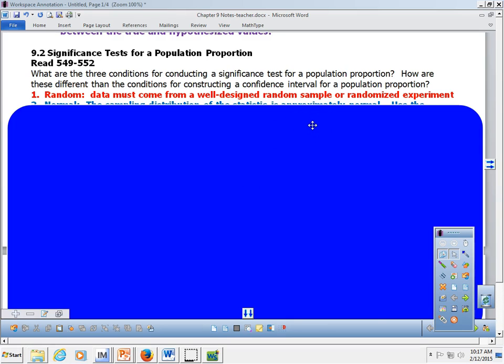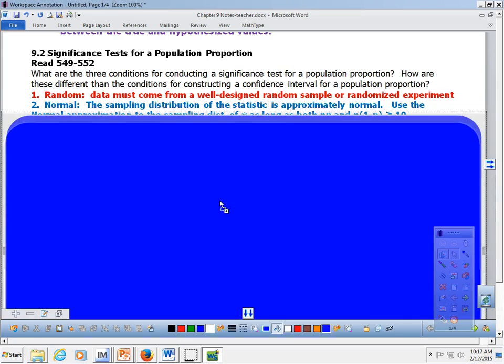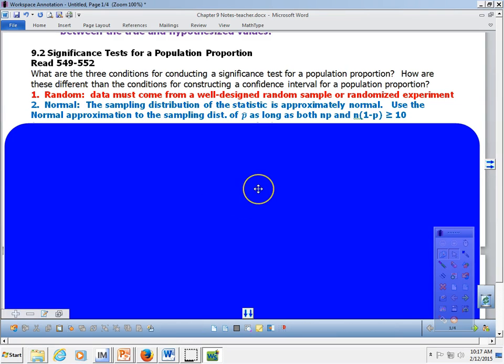We have to state that in our condition check. We'll get to that in a minute. Normal. Especially in terms of proportions, we want to be able to use what's called the normal approximation. We want to be able to say that our sampling distribution is going to look approximately normal. And so the sampling distribution of the statistic is approximately normal.